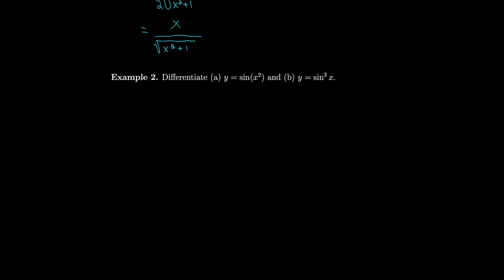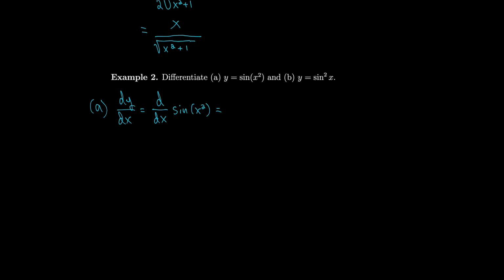Let's differentiate (a) y equals sine of x squared and (b) y equals sine squared of x. So for a, dy/dx is equal to the derivative of sine of x squared. So we're going to pretend that the inside is just x.